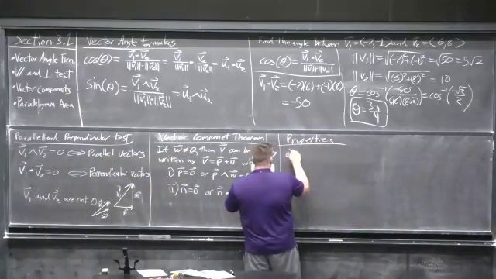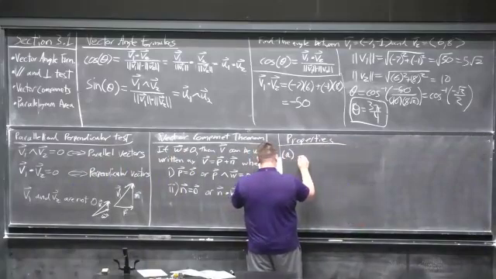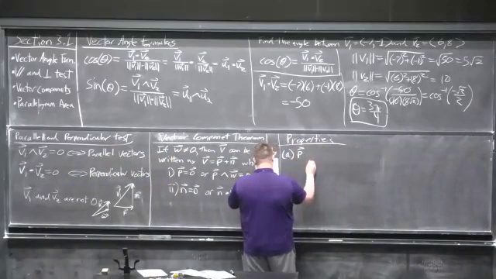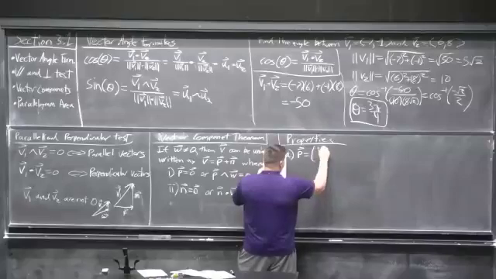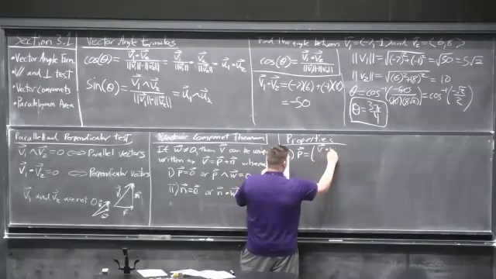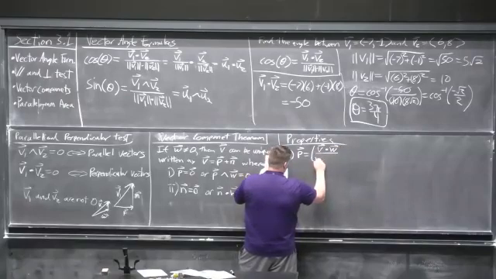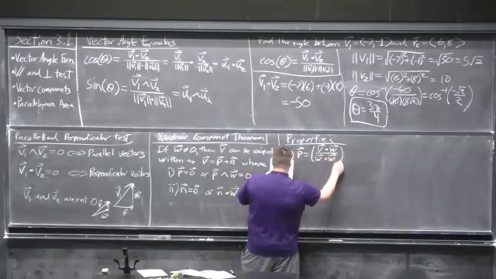So our first property is vector P equals the dot product of V with W divided by the dot product of W with itself.